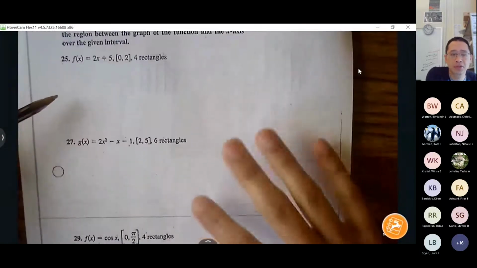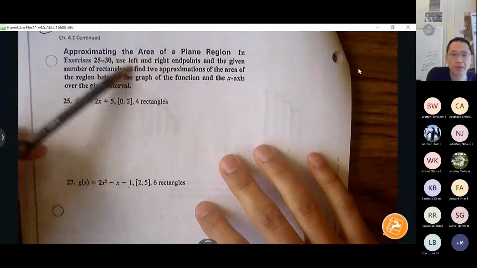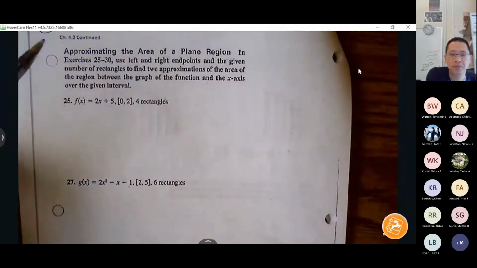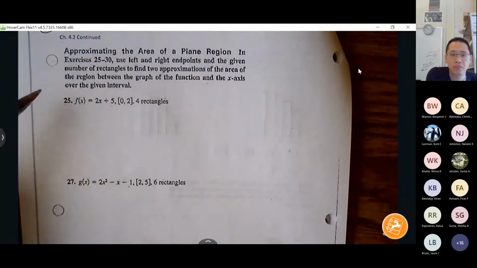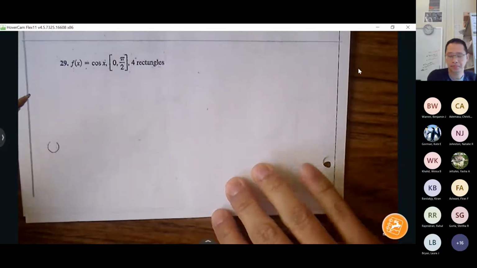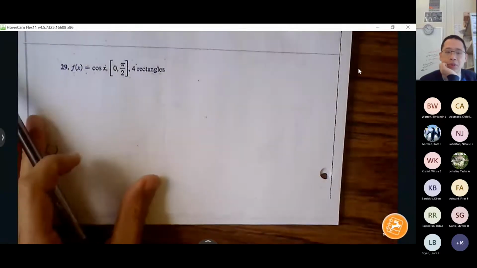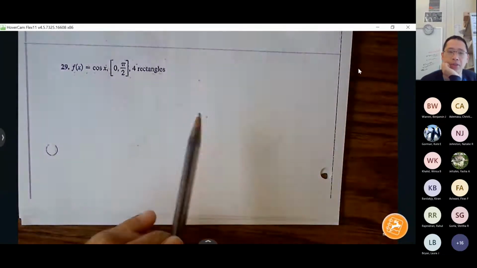So the directions for 29 say, use left and right endpoints. So we're going to do left rectangles and right rectangles, approximating the area under the region. Okay, so the first thing that we need to do is find the width.